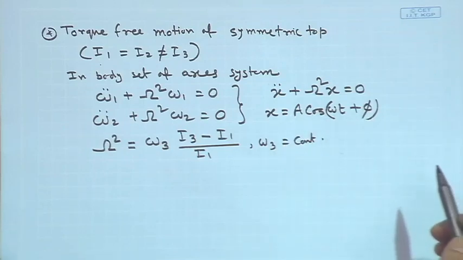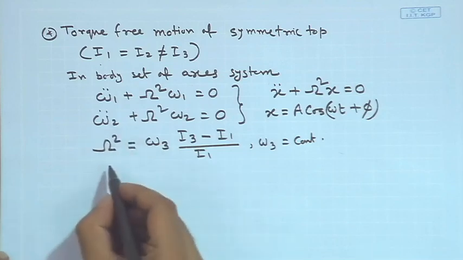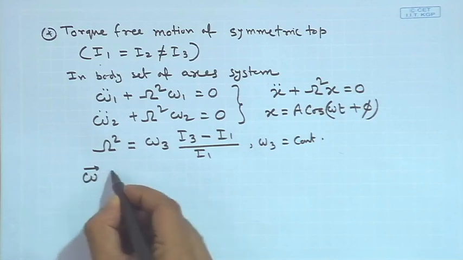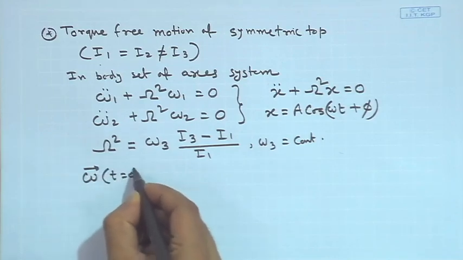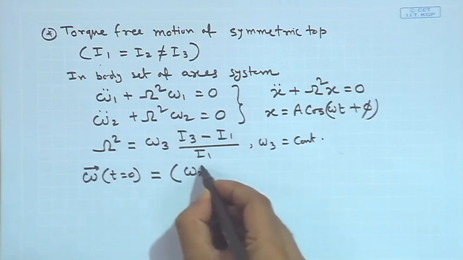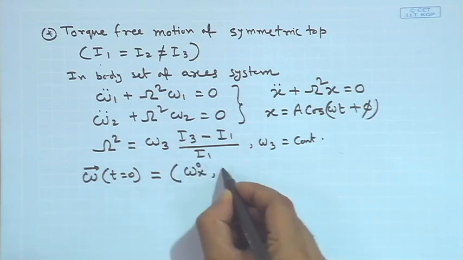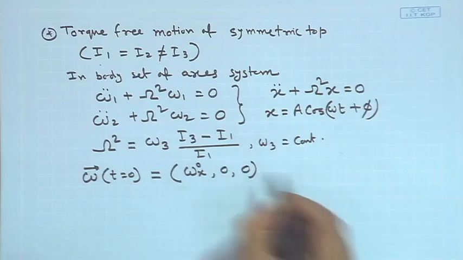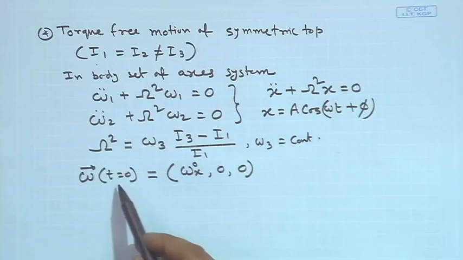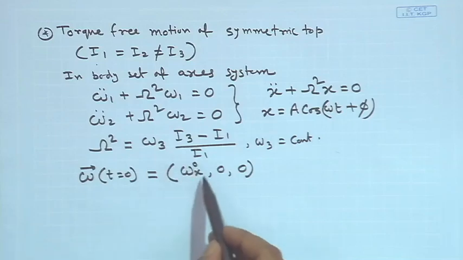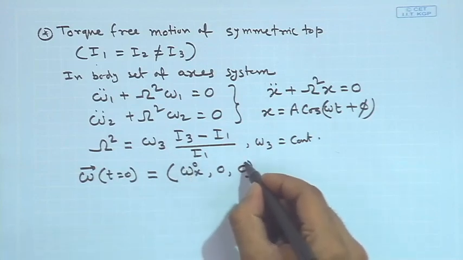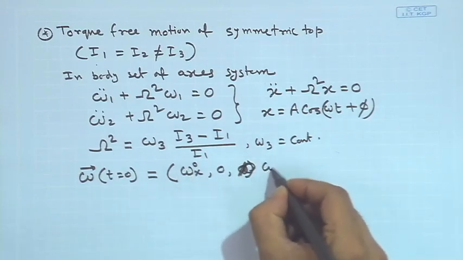Now, in order to solve this set of equations, what we can do is set omega at time t equal to 0 as omega x, 0 and omega 3. So, at time t equal to 0, only the x component of omega existed, and of course, omega 3 is a constant. So, you have to put omega 3 here.